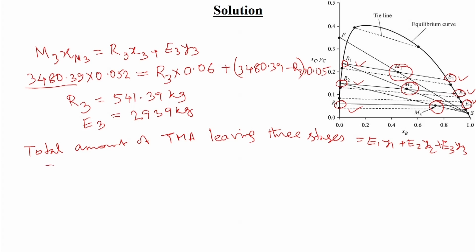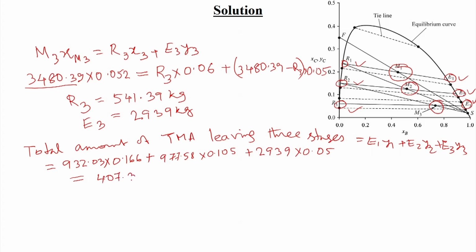That is, E1 is 932.03 into 0.166, plus E2 is 977.58 into 0.105, plus E3, which we got as 2939, and Y3 is 0.05. Okay. So, this total amount comes out as 407.3 kg.